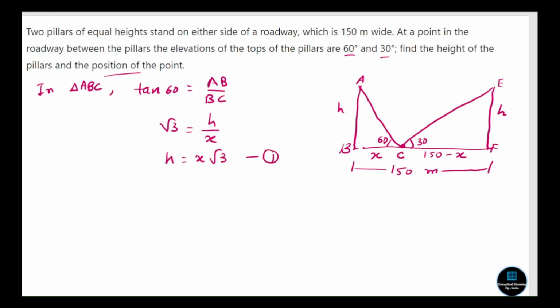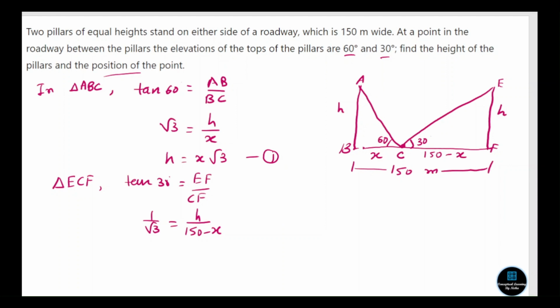I'll keep that aside. Now I'll take the second triangle ECF. Tan 30 degree equals EF over CF, and tan 30 we know is 1 upon square root of 3 equals H upon 150 minus X. Now we have to simplify this.